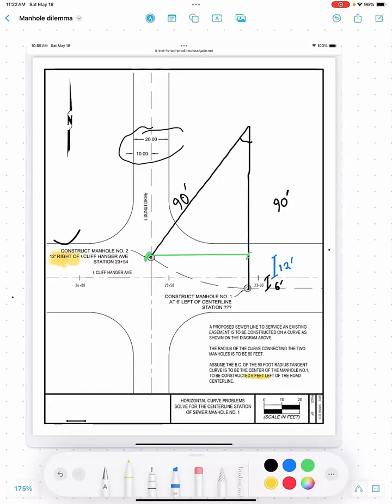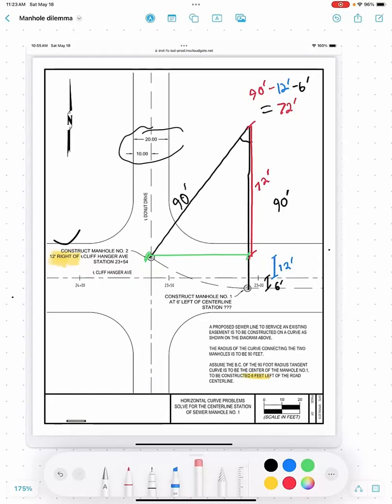But now we also can create kind of a new triangle here with a length, because guess what? We now have that distance because we can take 90 feet minus 12 feet minus 6 feet, which gives us 72 feet. So now that new red distance is 72 feet.